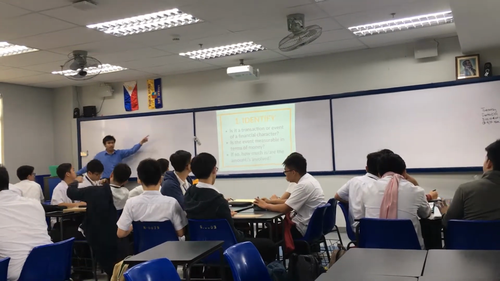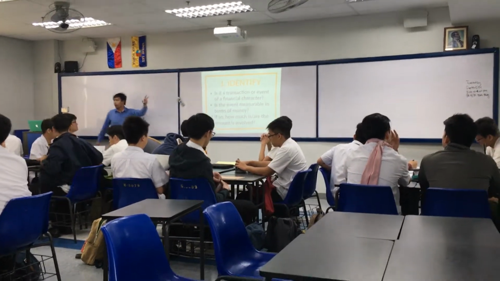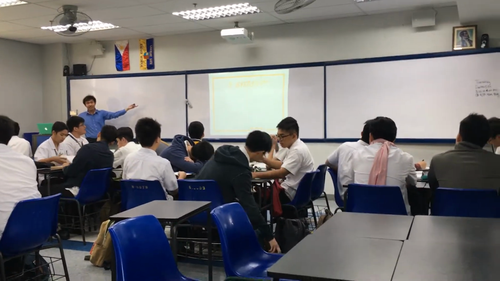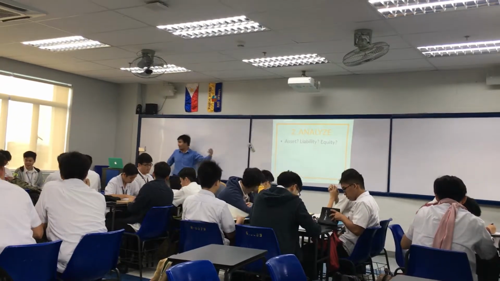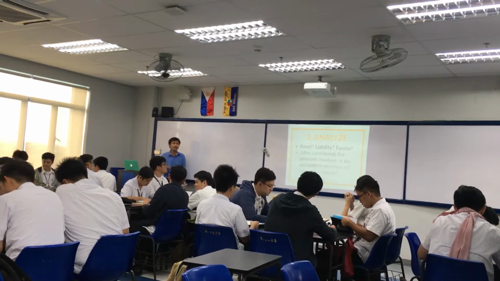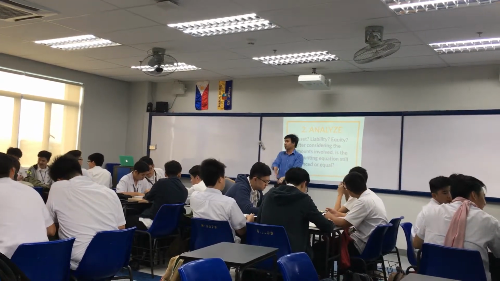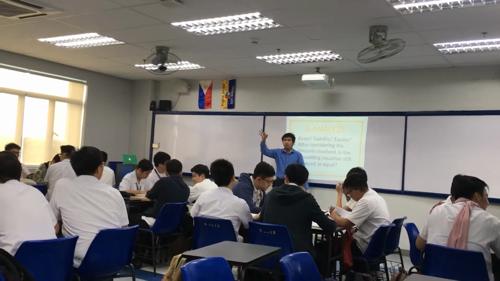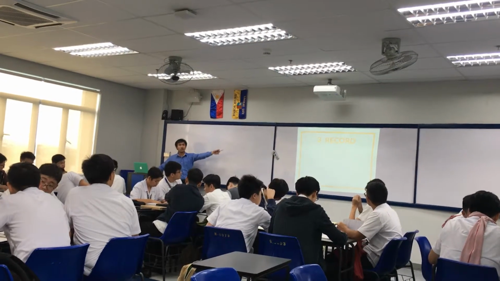Identifying transactions is the first step. Second step is analyzing, and we stopped here. We analyzed whether one is an asset, a liability, or an equity. So now we will proceed to the third step, which is transferring it to the journal entries.